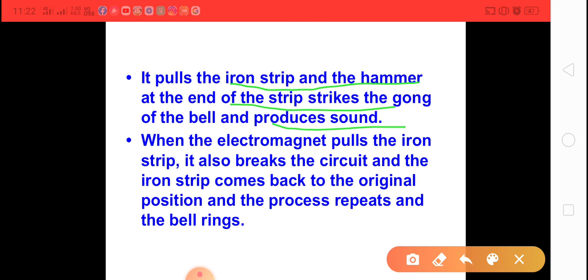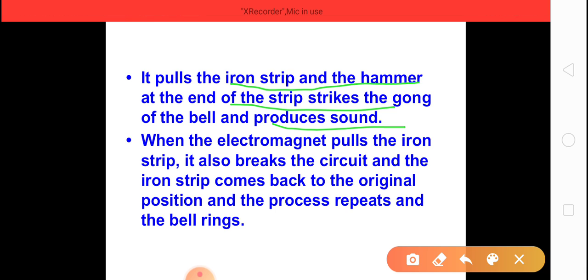So when the switch is in the on position, the iron strip and the hammer at the end of the strip strike the gong and they produce the sound. When the electromagnet pulls the iron strip, it also breaks the circuit and the iron strip comes back to the original position, and the process repeats and the bell rings.